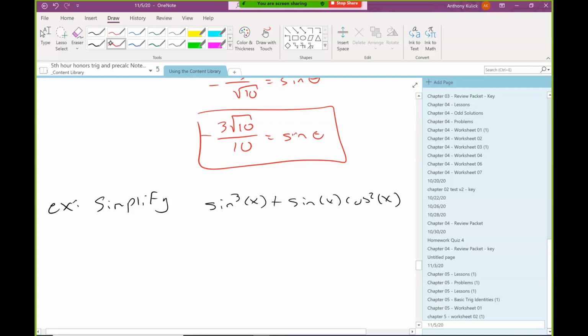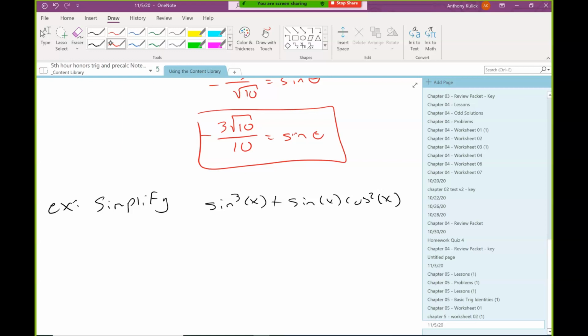My tools to do that are basic algebra things, like factoring or foiling or distributing. Or my other tool is my identities. Okay with that plan? So if we look at this, sine cubed plus sine squared times cosine squared, typically I would first see if there's any obvious algebra thing I could do here.